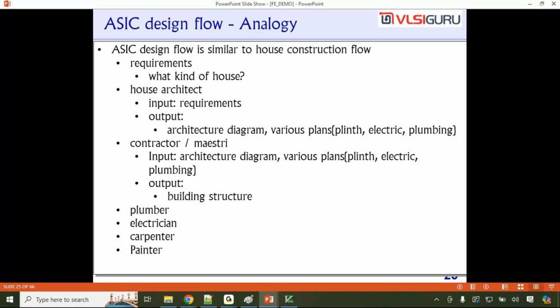Same way, to manufacture a chip, you need different types of people, different categories of labor. Even in the chip example, you need design engineers, integration engineers, functional verification engineers, the DFT engineer, synthesis engineer, everyone is required in it.